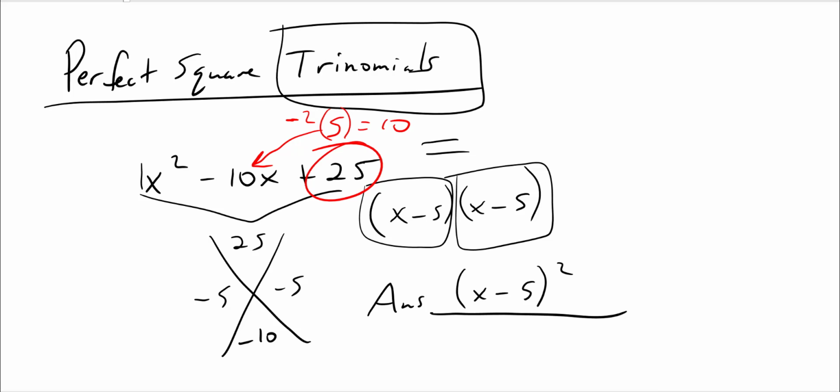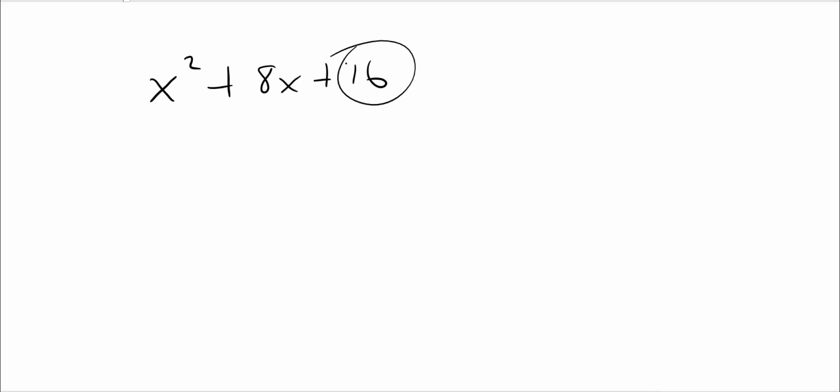Let's do a couple more here just to have you recognize the problem. So if I said x squared plus 8x plus 16. Okay, I can tell you right away, this is a perfect square trinomial. If you don't recognize it, it's not a big deal. But if you see that 16, that's a perfect square. Square root of 16 is 4. 4 times 2 is 8.